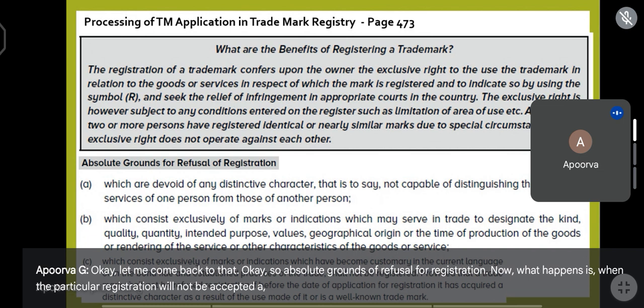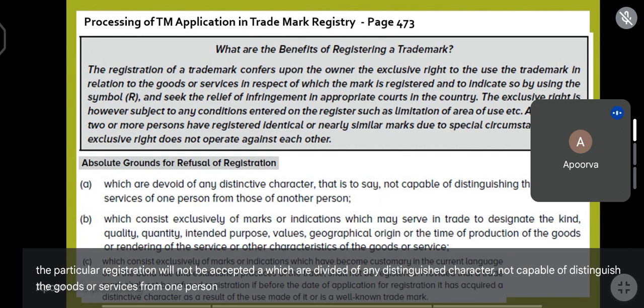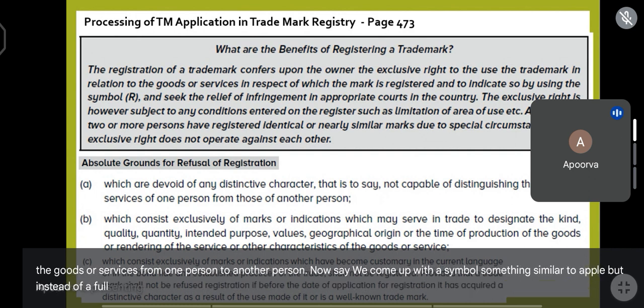A, marks which are devoid of any distinctive character, not capable of distinguishing the goods or services of one person from another person. Now, say we come up with a symbol similar to Apple, but instead of a quarter-bitten apple, we do a full apple. Will that be approved?